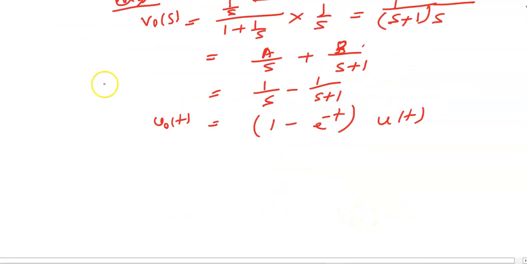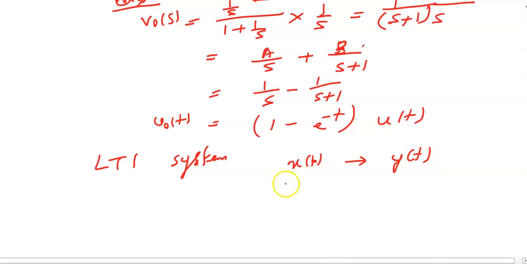And the beauty of the LTI system tells that if input x(t) produces an output y(t), the input x(t minus t0) will produce an output y(t minus t0), being time invariant, and also it is LTI.